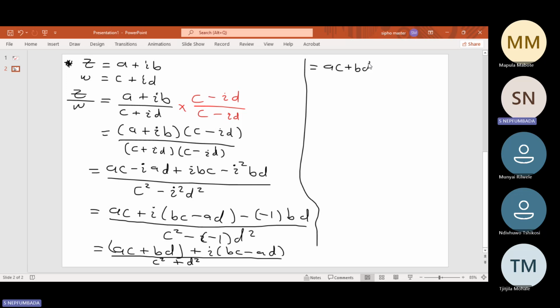Then divided by, this is c squared plus d squared. Then plus i into bc minus ad divided by c squared plus d squared.